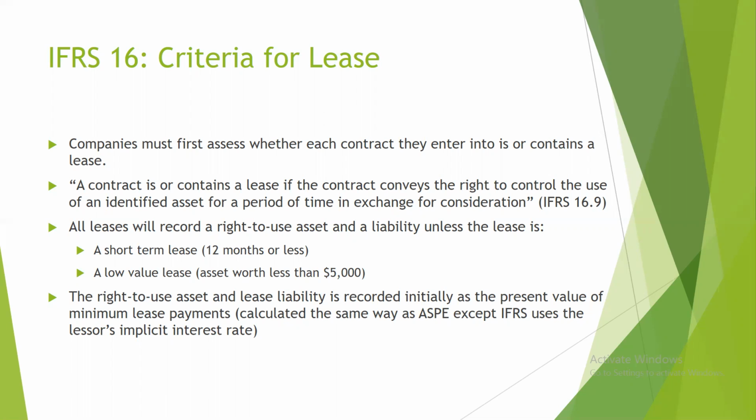It's a similar way as ASPE, except the one difference in calculating the present value of the minimum lease payments is that IFRS uses the lessor's implicit interest rate, whereas we know ASPE uses the lower of either the lessor rate or the lessee rate. So just make a note of the difference in the present value calculation.